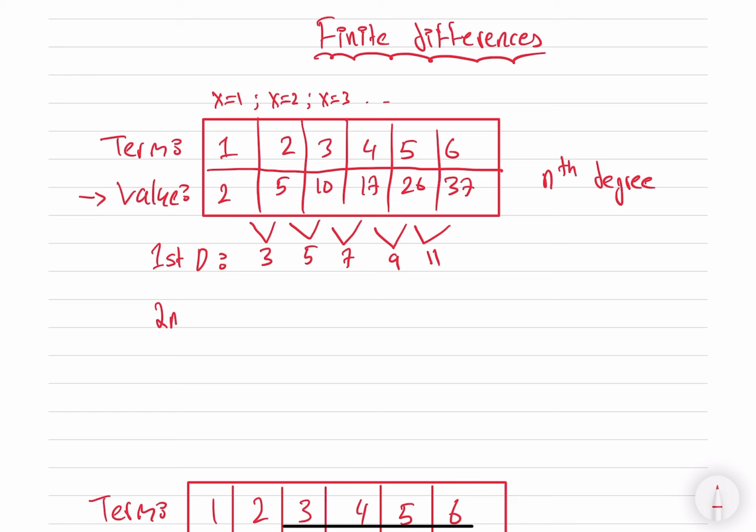Now let's find the second difference, which is 5 minus 3, which equals 2. 7 minus 5, which equals 2. 9 minus 7, which equals 2. 11 minus 9, which equals 2. As you can tell, we have the same exact value for the second difference, and that basically means that we have a second degree polynomial.